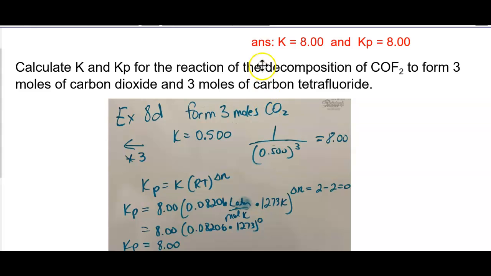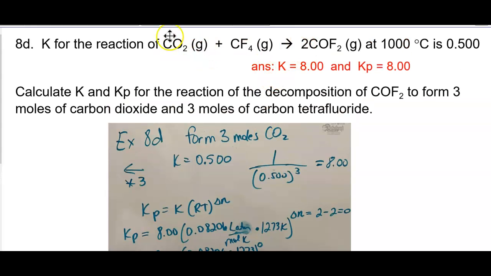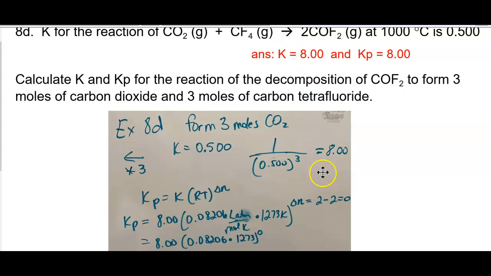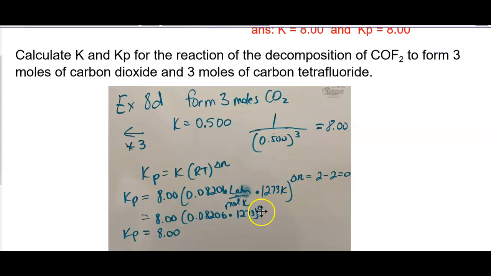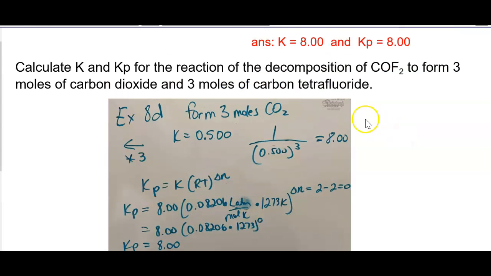Because if I'm decomposing it, these 2 would have been my products, because I had to reverse it, minus this other 2, my reactant. 2 minus 2 is 0. So this whole piece in parentheses is raised to the 0 power, and anything to the 0 power is 1. So K and Kp would be the same value.